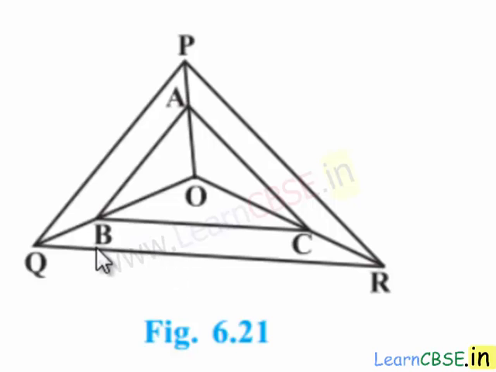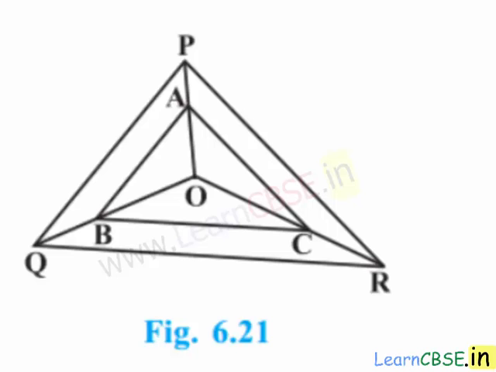Before that, by using the conditions AB is parallel to PQ and AC is parallel to PR, we can prove that the ratios OC by CR and OB by BQ are both equal to OA by AP, and by applying the equality we can obtain OB by BQ is equal to OC by CR, and by the converse of the basic proportionality theorem we can say BC is parallel to QR.